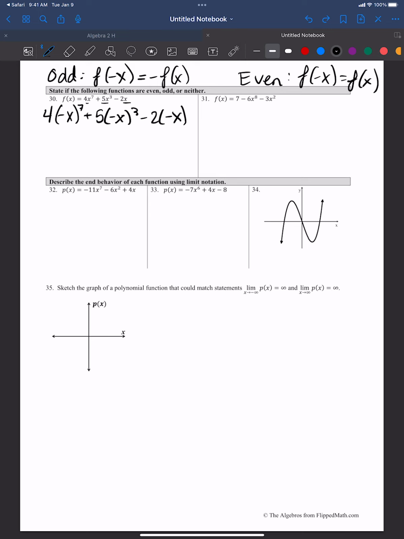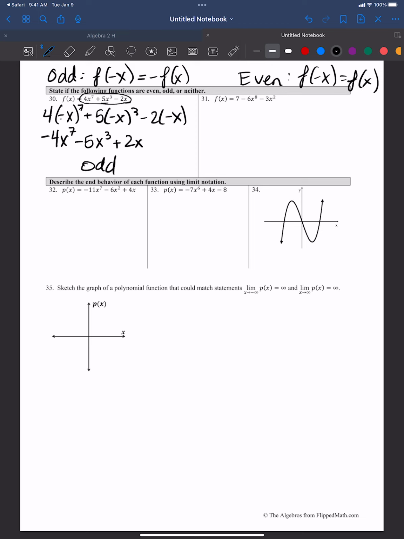So here, when you have a negative value to a 7th power, you end up with a negative at the end of it. Okay? And then same thing here. I would keep that negative, so it would be negative 5x cubed, and then plus 2x. So now this is actually an odd function, because again, it's as if I multiplied this original by -1, and I get the values that I would have. So that makes it an odd function.